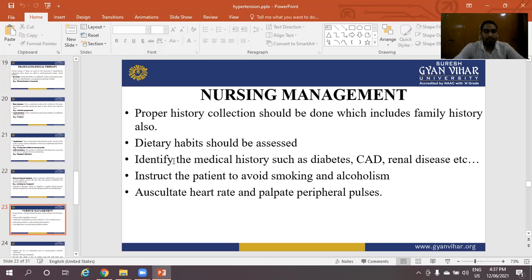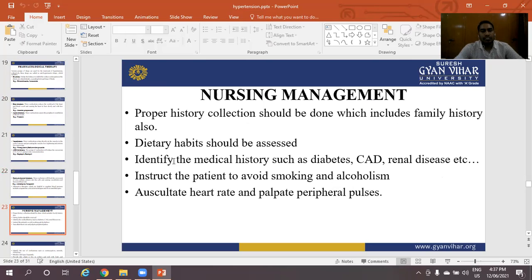Nursing management of hypertension. Proper history collection should be done, which includes family history. Dietary habits should be assessed.